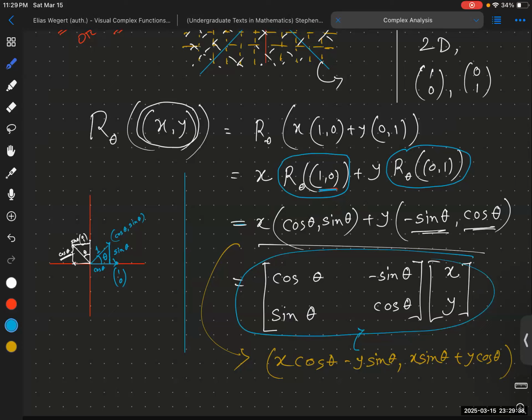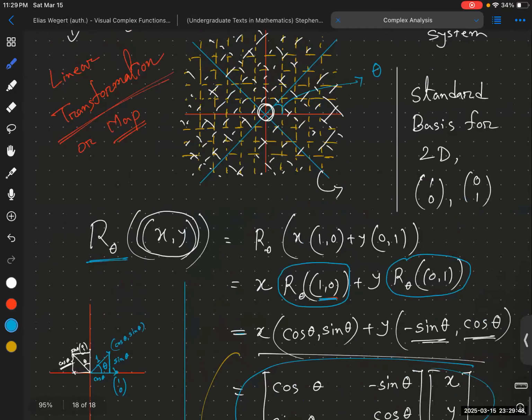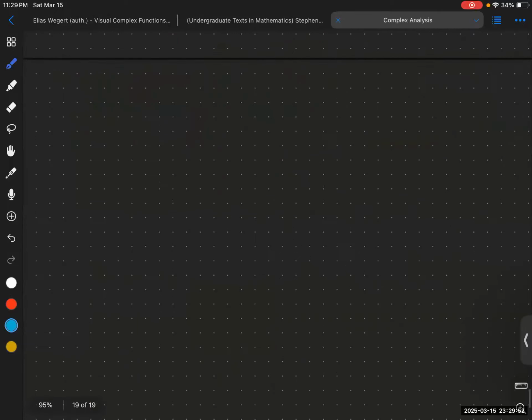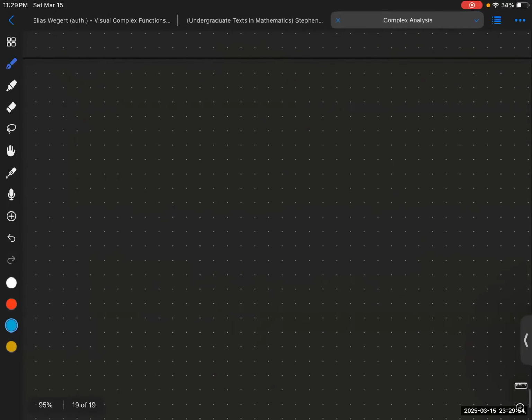Now, we are considering a theta angle rotation of the coordinate axis by a linear map. Now, we already know that z theta is equal to 1 times e to the power I theta, which is also doing the same thing.